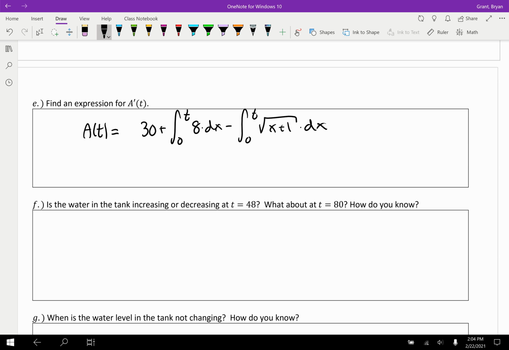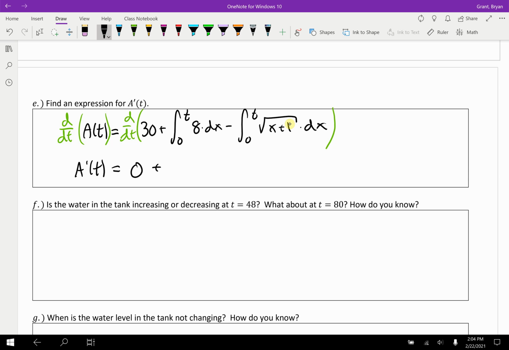And if we want an expression for A prime, we need to take the derivative. And notice, because the input is t, we are going to be doing d/dt of each side. The left side isn't bad, that's just A prime. The derivative of a constant is always 0, right? Because we're measuring the rate of change, and a constant can't change.